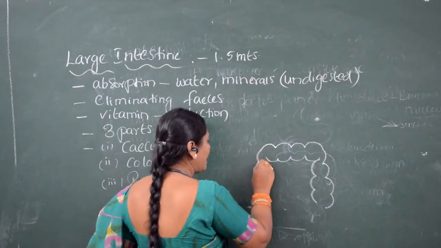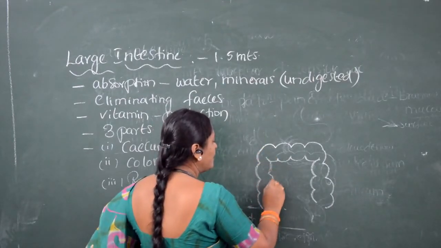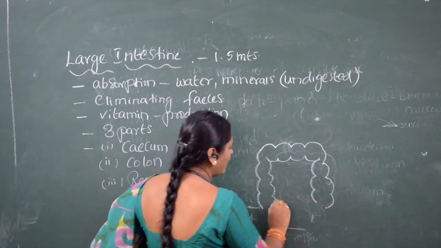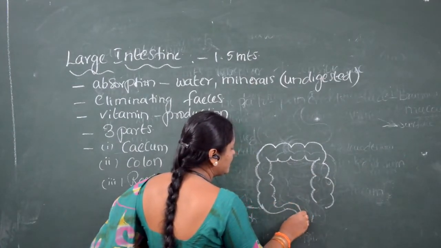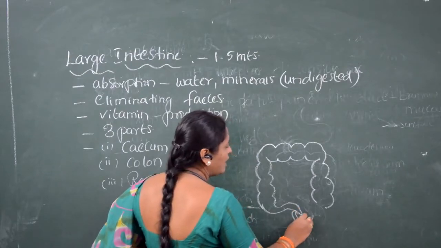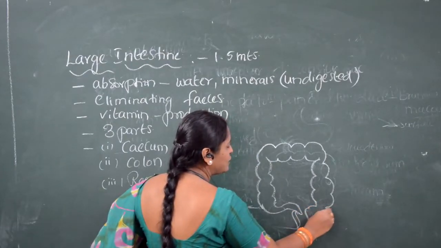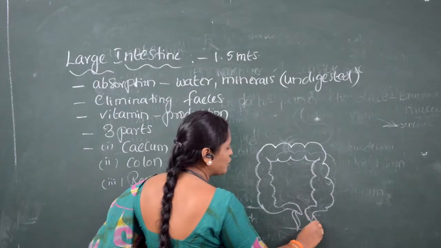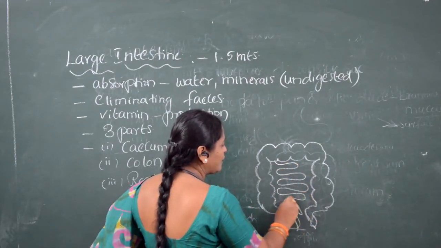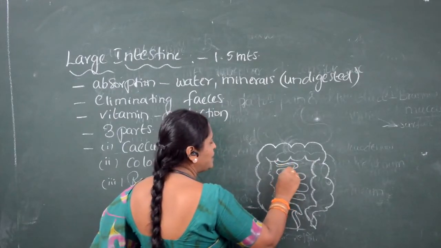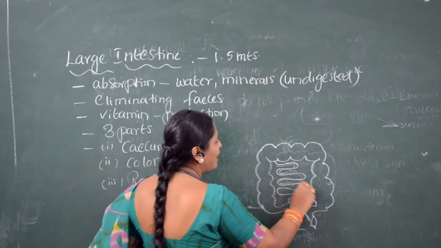So the first part is called cecum. Already we have seen about the small intestine. The small intestine enters into the large intestine through a part called ileum. Ileum is the last part of the small intestine, through which it enters into the large intestine.